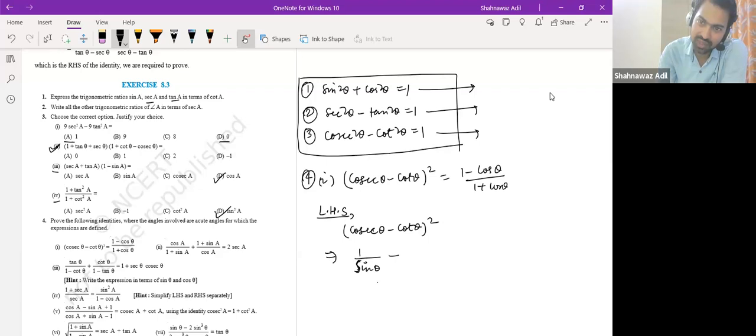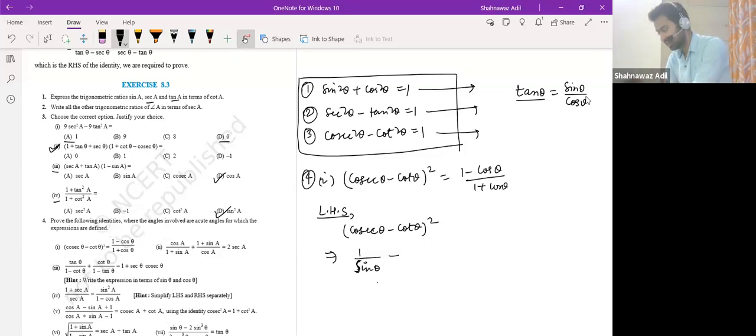To give you the hint, tan theta is sine theta by cos theta. So from there, what is cot theta? If tan theta is sine theta by cos theta, so what is cot theta?